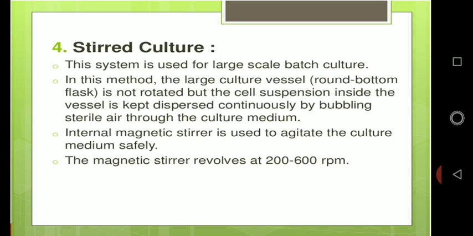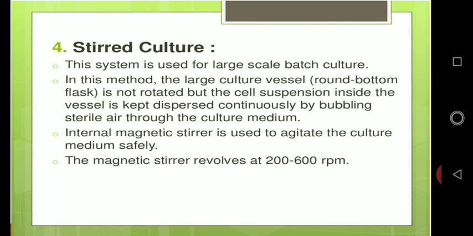Now there is a stirred culture. This system is used for large scale batch culture. It is like a fermenter. Stirred culture system is like a fermenter or bioreactor system. In this method, the large culture vessel is not rotated, but the cell suspension inside the vessel is rotated. What we have seen in a spinning culture is that the whole bottle is rotated, and when we rotate the bottle, the culture inside the bottle also rotates.